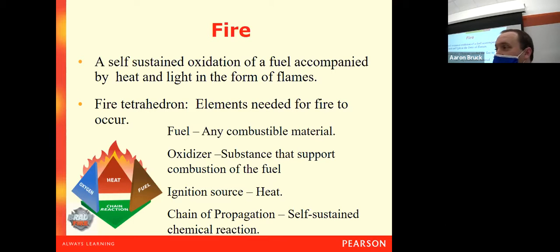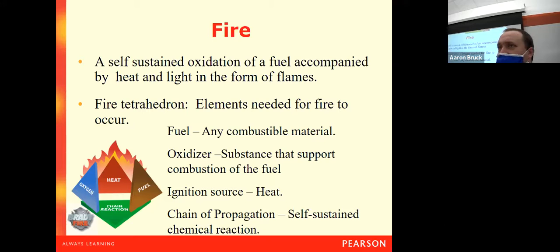It's the main difference between flash point and fire point, right? At the flash point, it ignites, but there's not enough fuel vapor there to continue the combustion, so it flashes and goes away. In order to maintain that, we have to have a steady supply of fuel. We also have to have a steady supply of oxidizer.